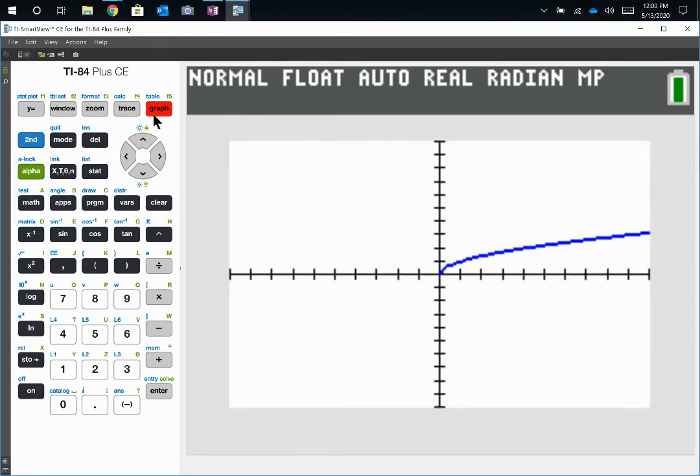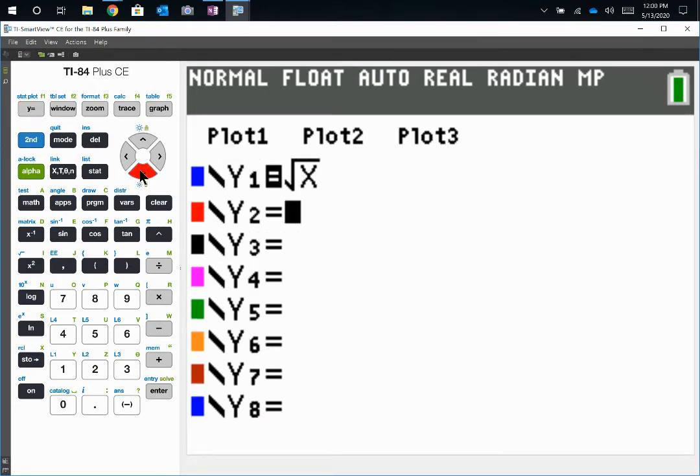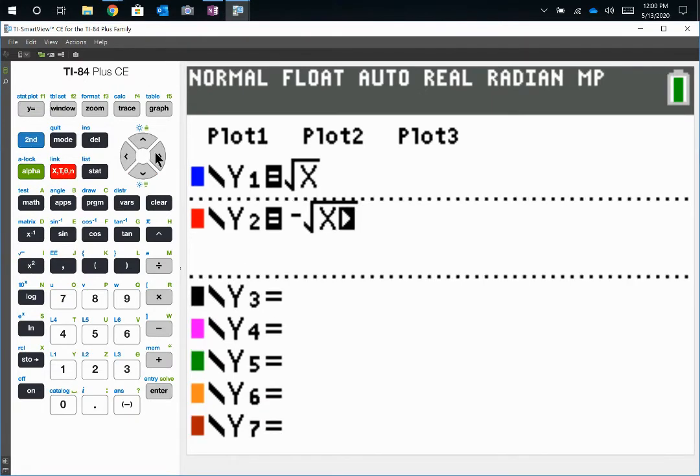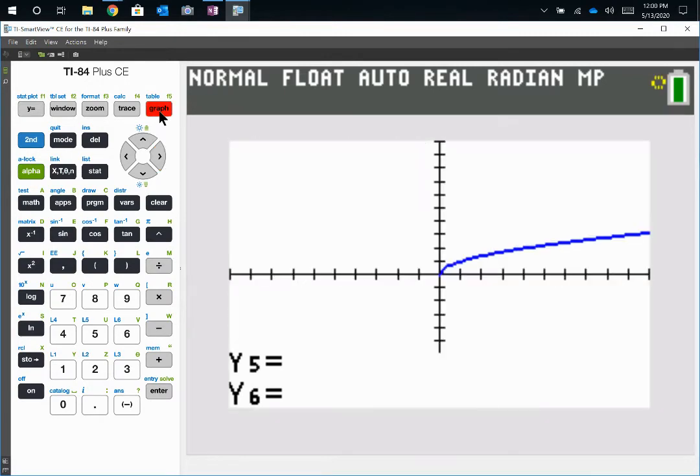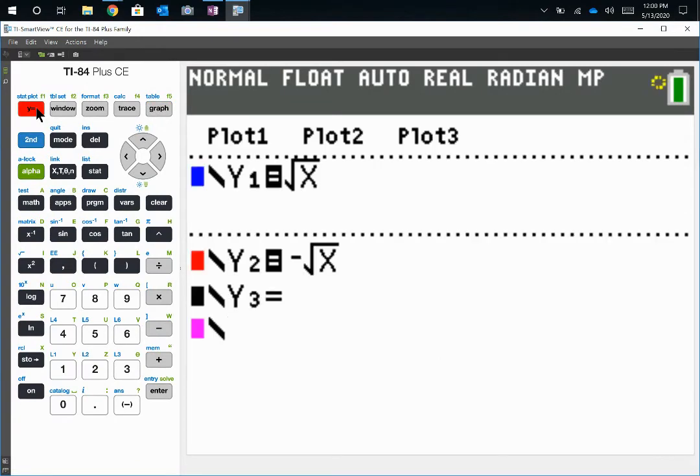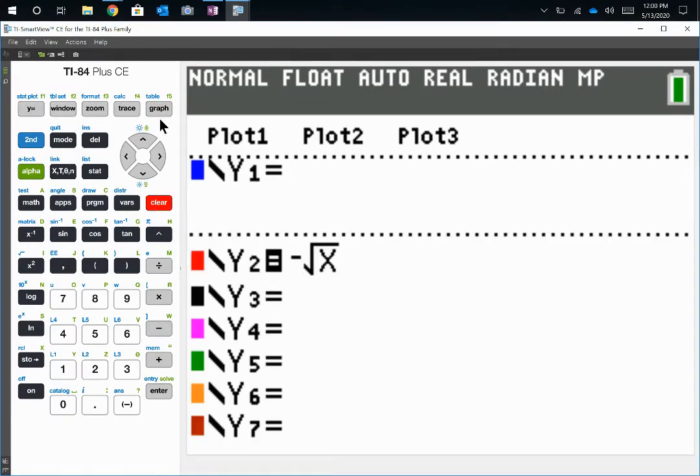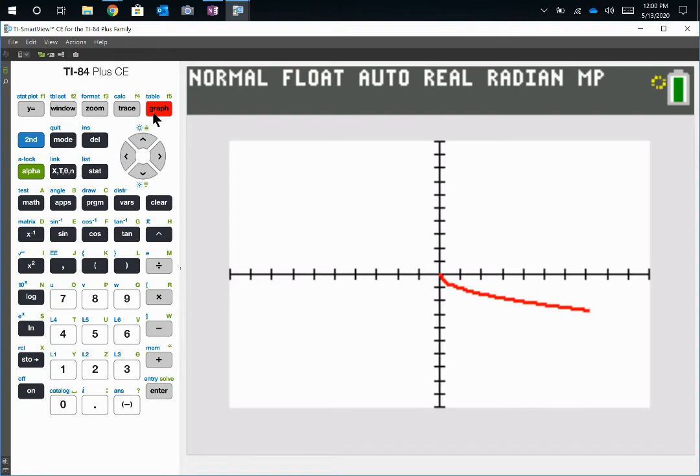And if I were to put a negative sign on the outside of the function, in other words, make it negative square root x, I can see the whole graph is now turned over on the x-axis. Okay, so I'm going to take out the original graph here. And I can see the graph is flipped over the x-axis, negative square root of x.